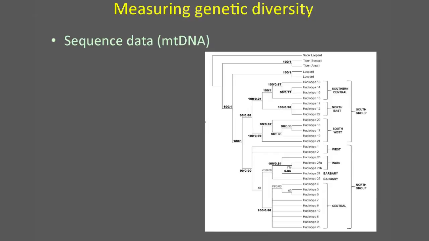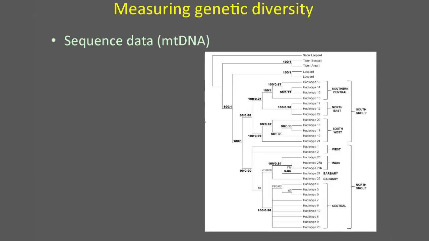So it means that the individuals that are close together, that are clustered in the same group, have a more recent common ancestor, so they're genetically closely related to each other. And it actually shows pretty much the same picture as the network I've shown before. The West Central African lions are close together, the Central African lions are close together. And the best is if you can illustrate this on a map.